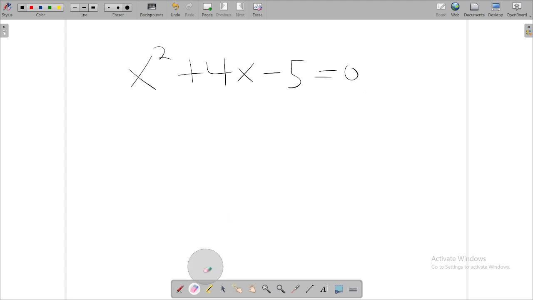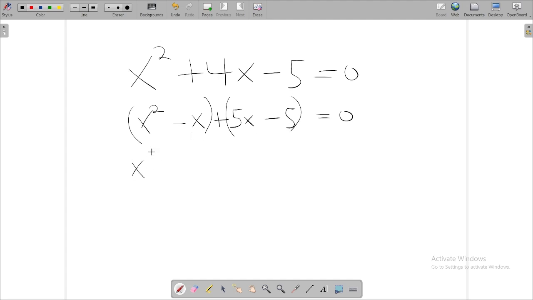So going on, we'll slot in our factors. So we have our x squared minus x plus 5x minus 5 is equal to 0. Now we can factorize these terms. So in factorizing these terms, we can bring x out.